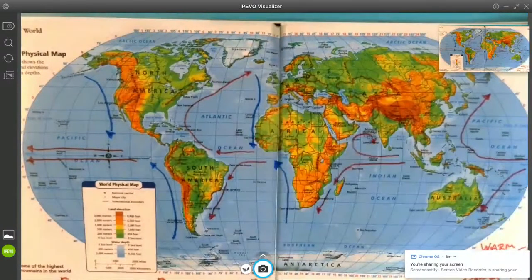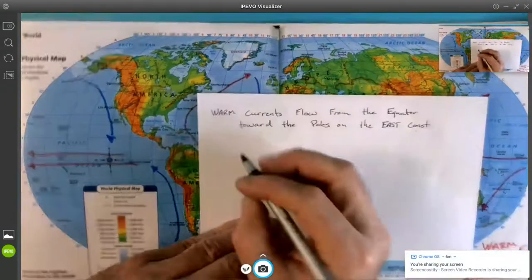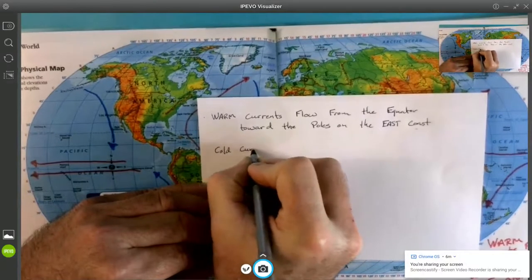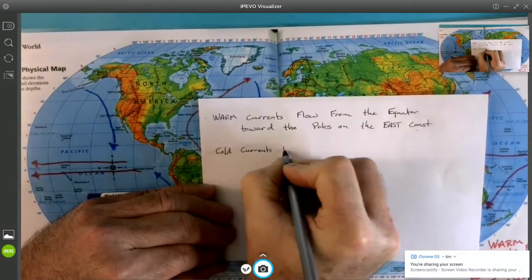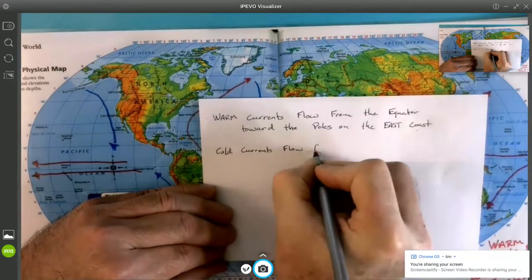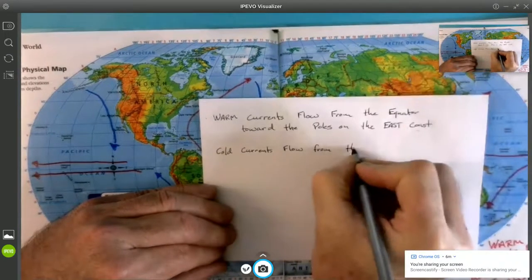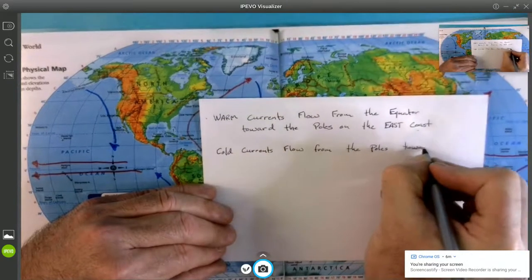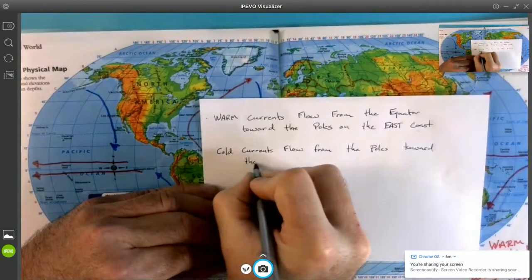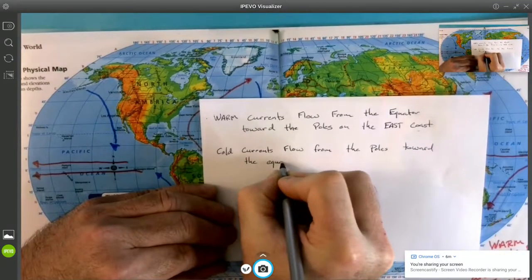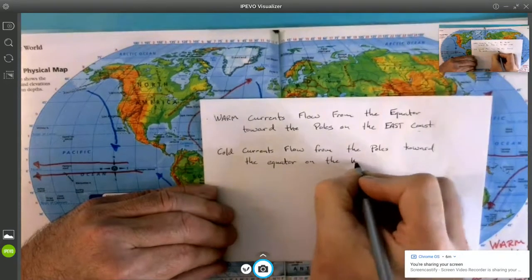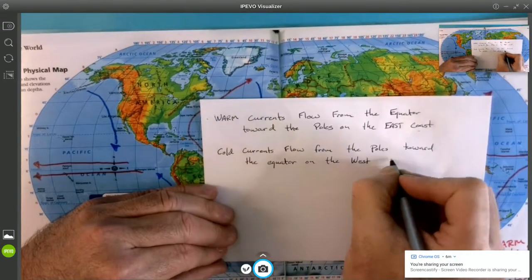But the cold currents flow from the poles toward the equator on the west coast.